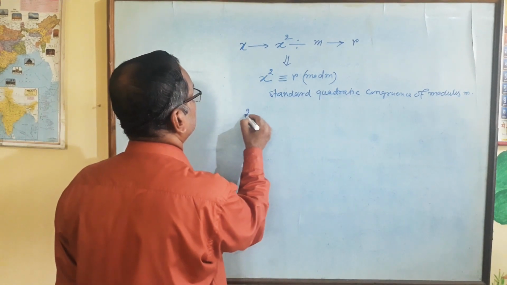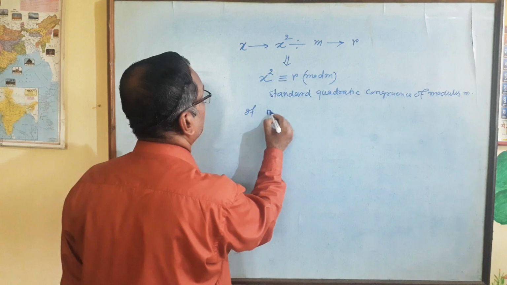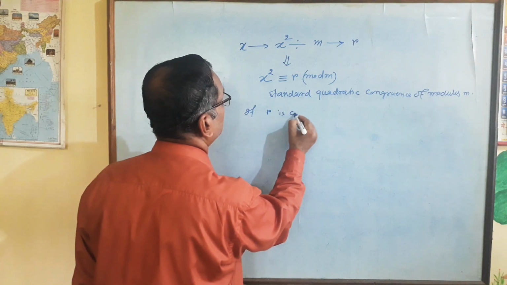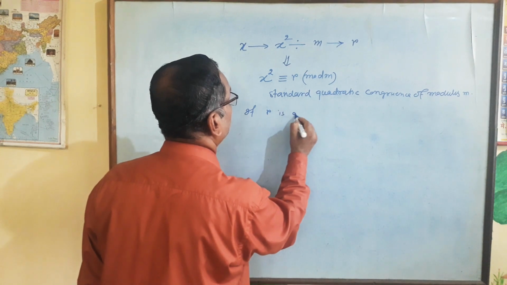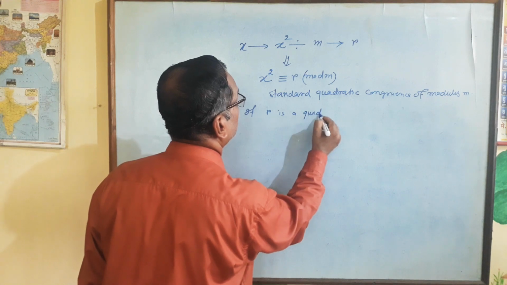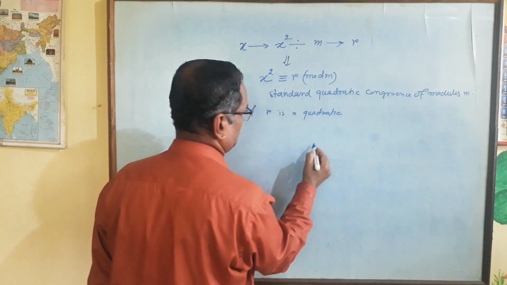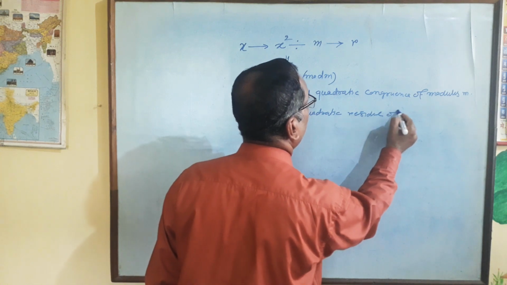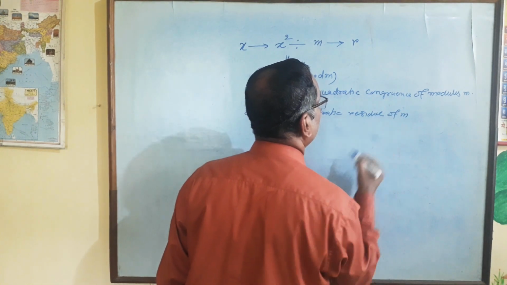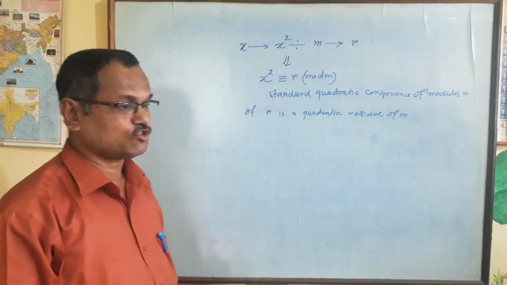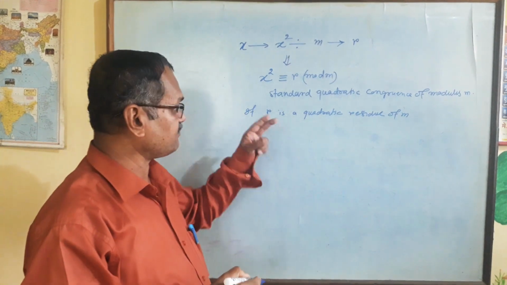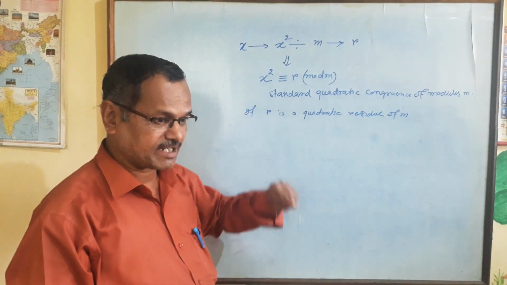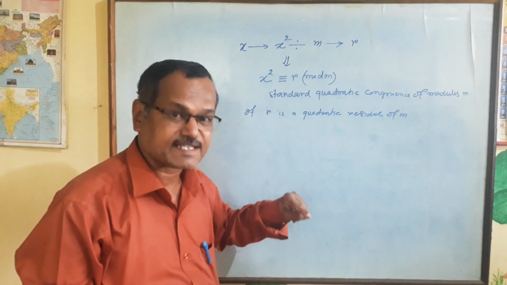Now, if r is a quadratic residue of m. Quadratic residue means the remainder. When divided by a number, we get some remainder, and that remainder is also called residue.